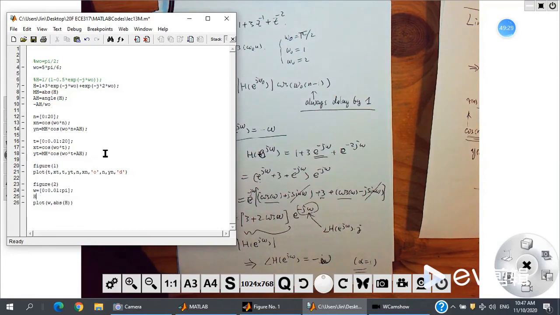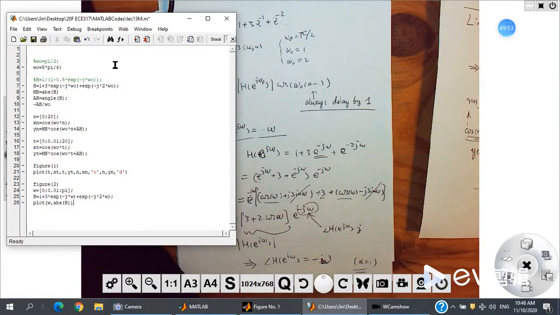And now H will be still this one, but now H is not H at omega 0. H will be related to the whole omega, not just omega 0. Okay.